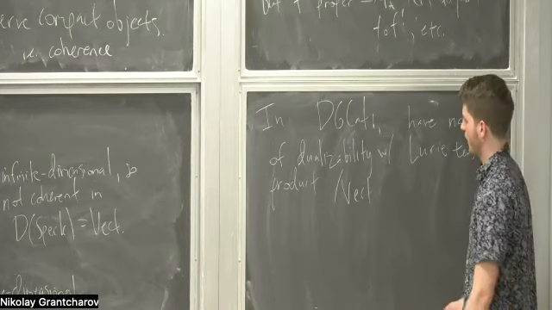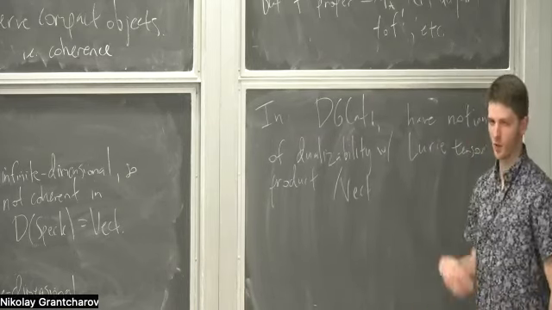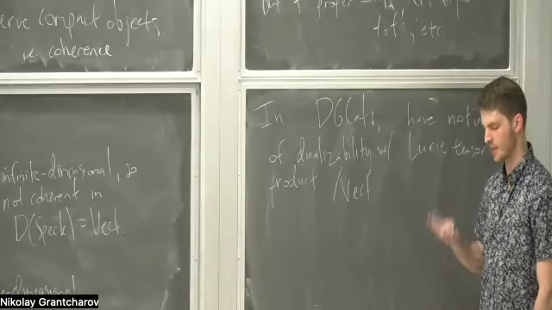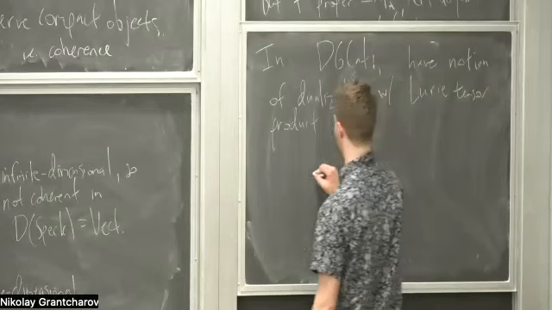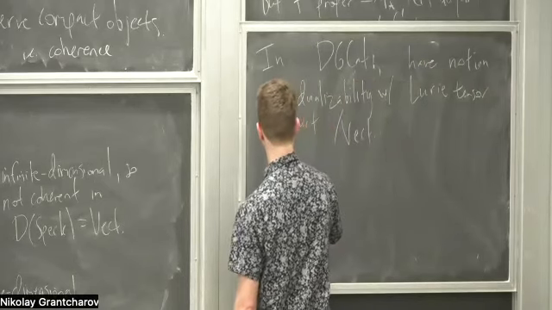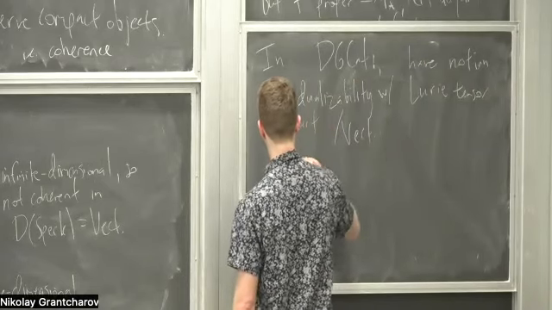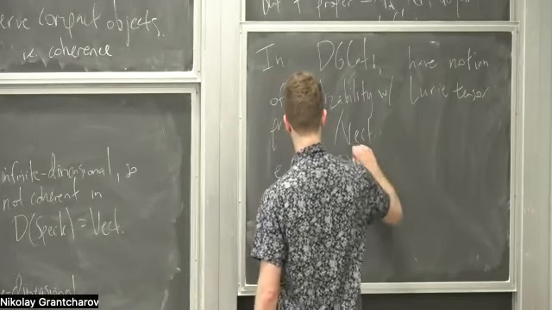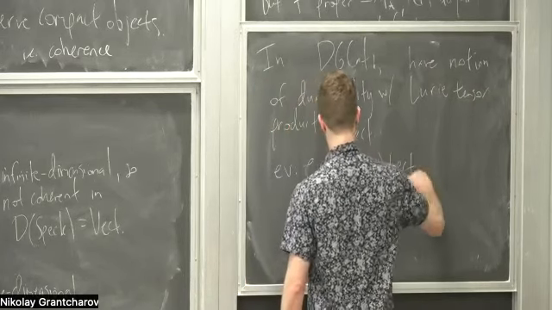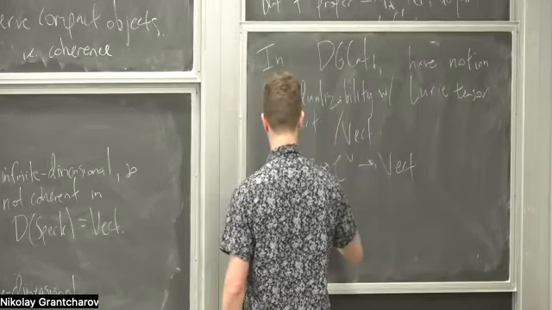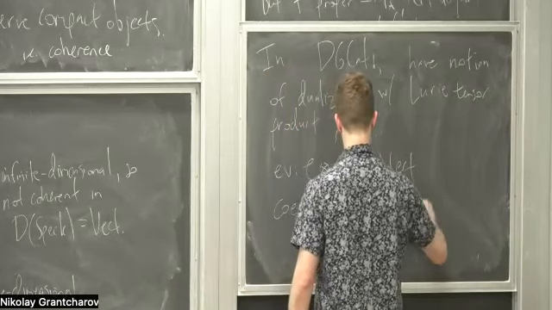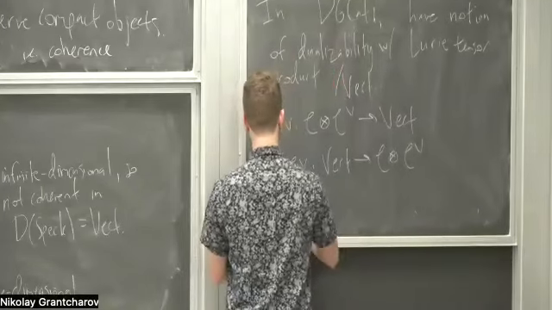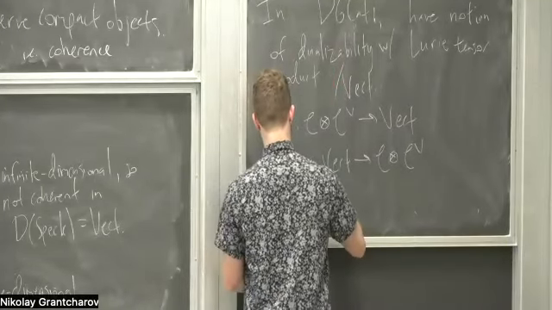Okay, dualizability is something that makes sense in any monoidal category. Symmetric monoidal, we don't have to worry about that. So it's something like I have evaluation and coevaluation satisfying some unit-counit relations.